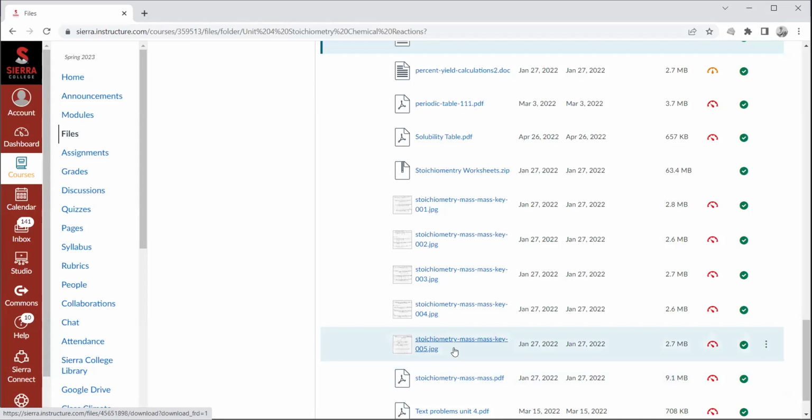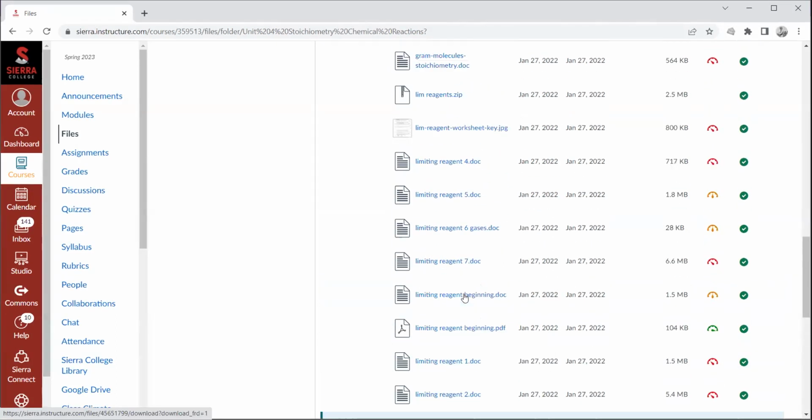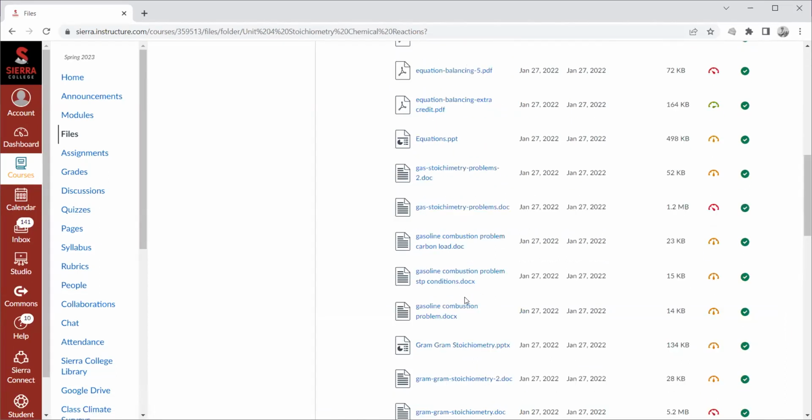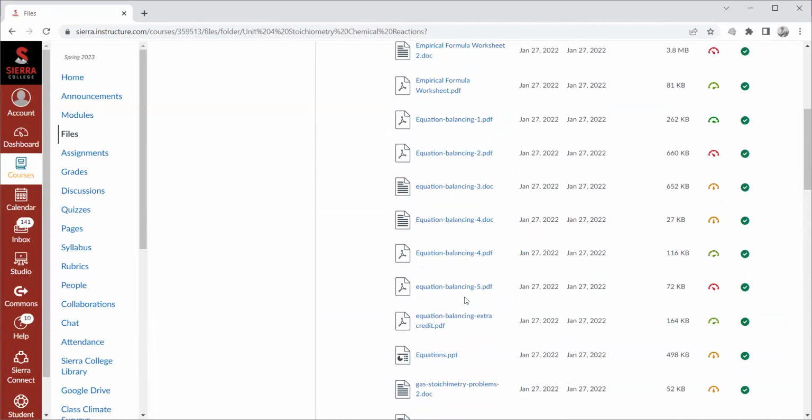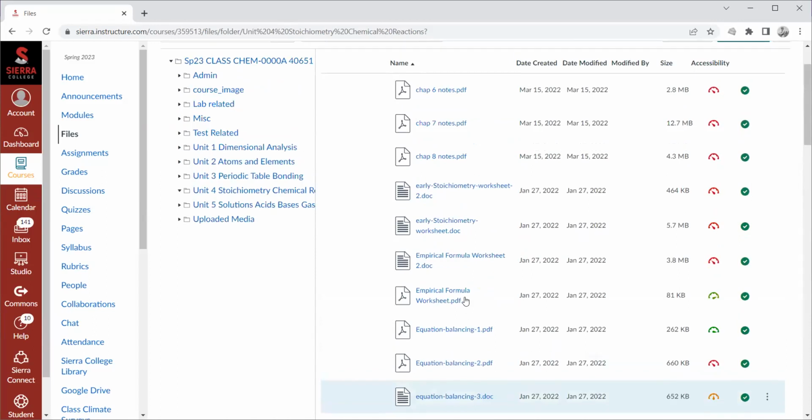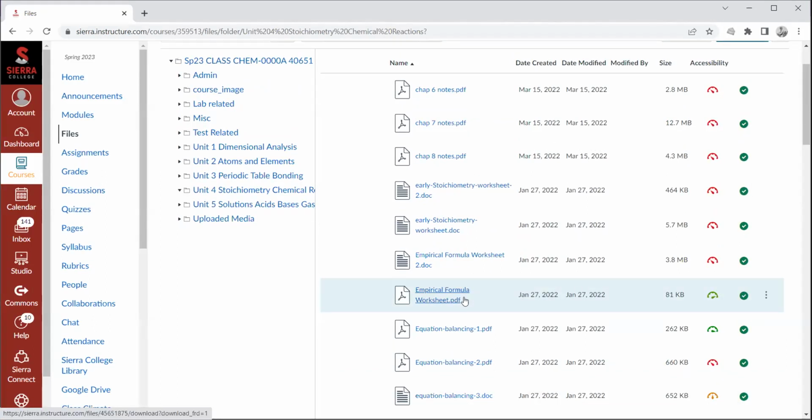It'll say limiting reactant or limiting reagent if it's a multi-step one like we did today. If it doesn't say that, it's a single one. In lab, we can go over this more. You have lab today, right? So as you can see, there's a lot of worksheets here. Equation balancing. Tomorrow, we're going to talk about empirical formulas.